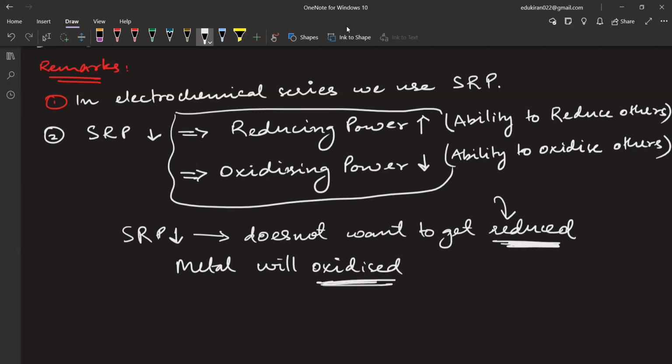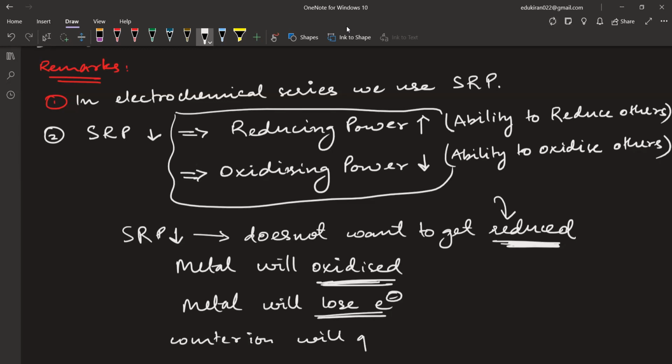If a metal is getting oxidized, the metal will lose electron, and the counter ion will gain electron.